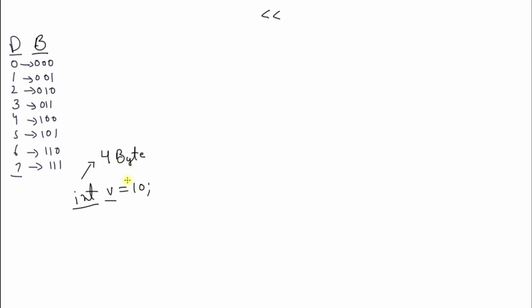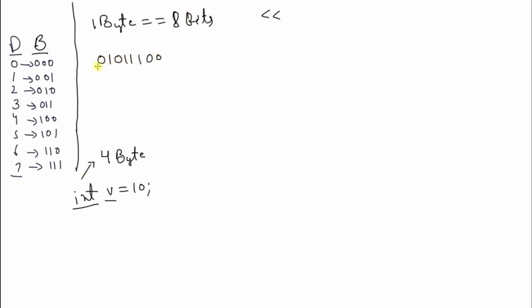If you don't know what a byte is, 1 byte is equal to 8 bits. So if you write consecutive 8 bits like this, this is 4 and 4, 8. So this is 8 bits, which is nothing but 1 byte.